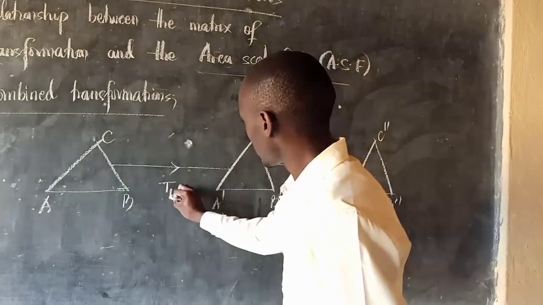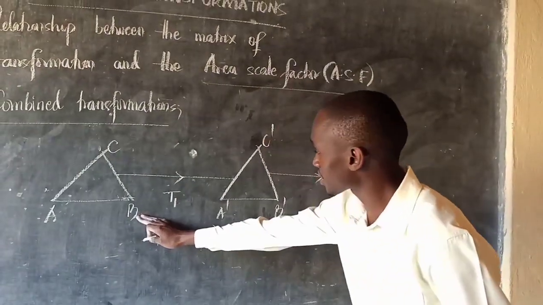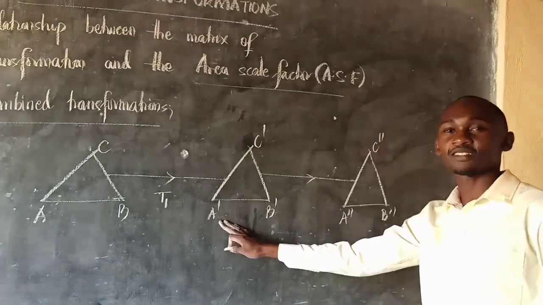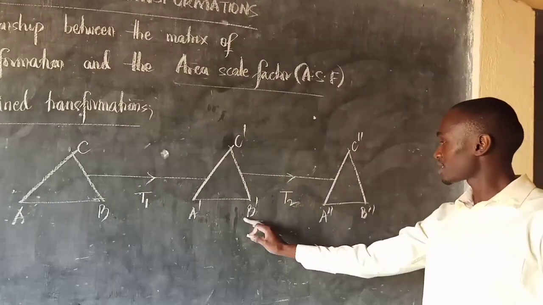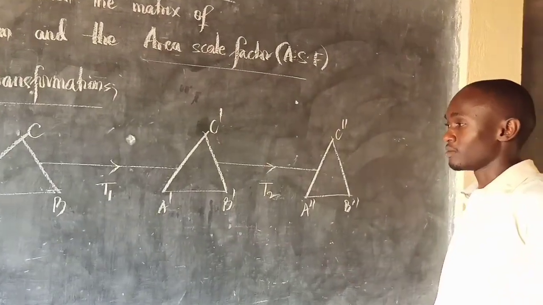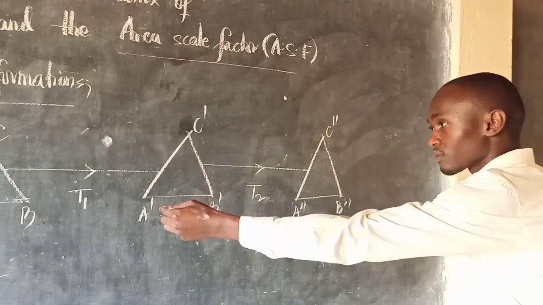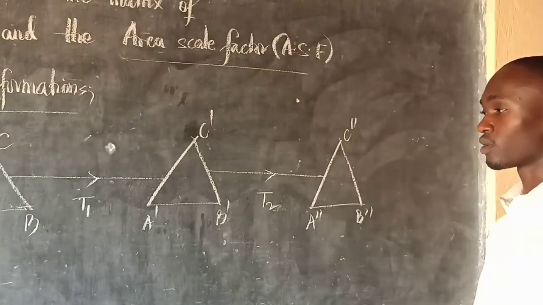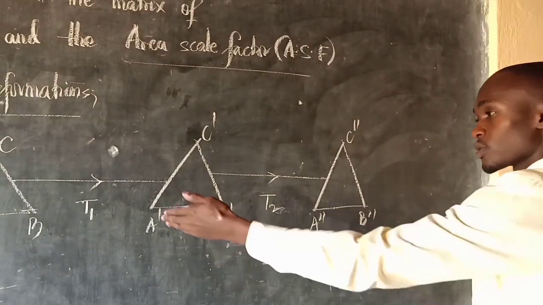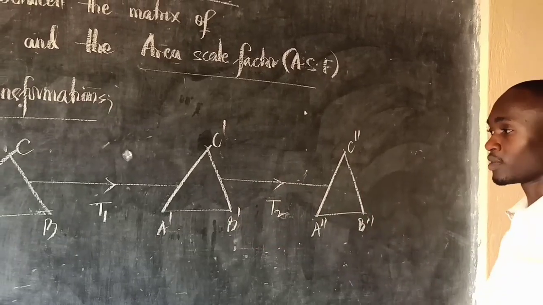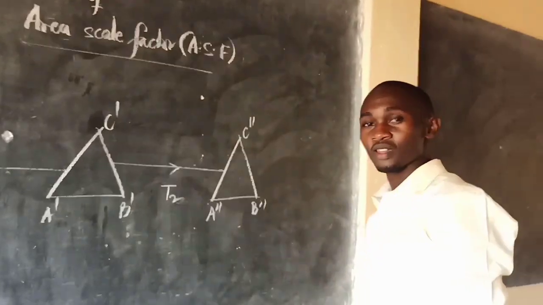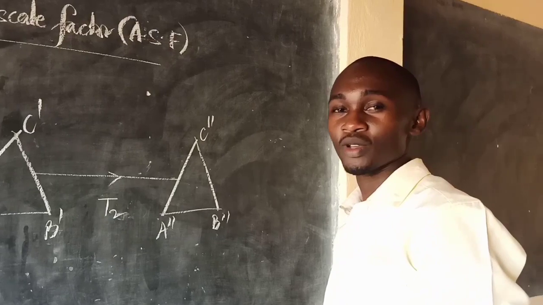By transformation, there is a matrix that shifts us from the object to the first image. There is also a matrix that shifts us from the first image to the second image. That movement is what we call a transformation from the object through the first image onto the second image. Now, the question is, dear viewers, what is a combined transformation?